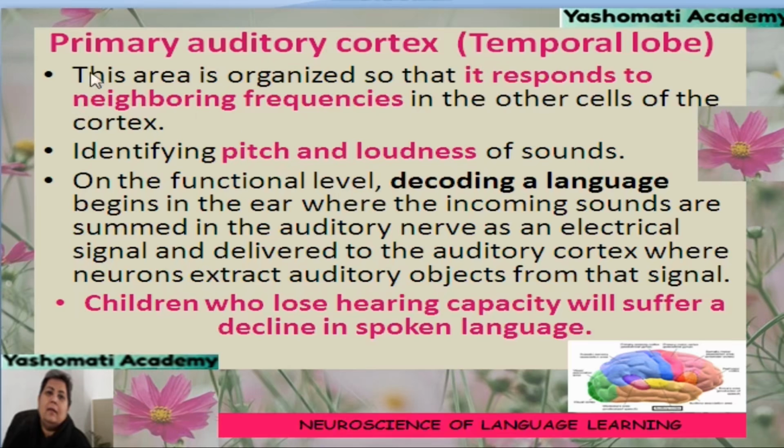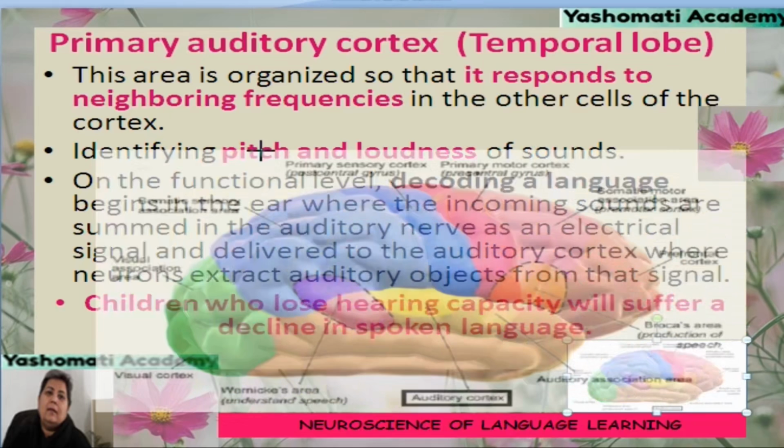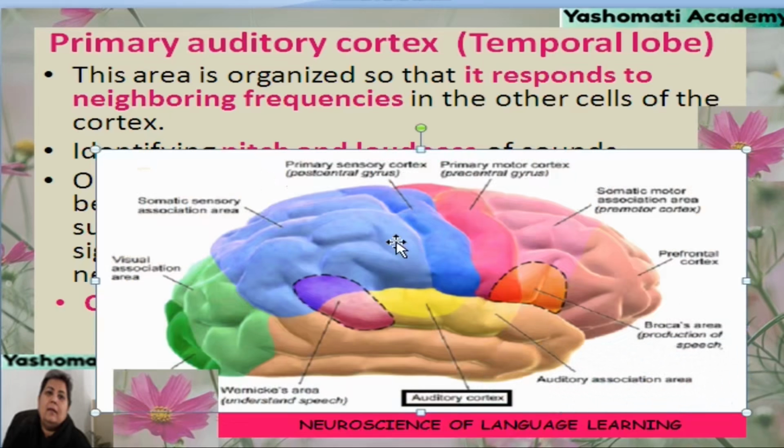Next important area is the primary auditory cortex, which is present in the temporal lobe. The temporal lobe is that lobe which is present just behind the ear. I hope you all remember that our cerebral cortex has 4 lobes, and the lobe just behind the ear is called the temporal lobe.